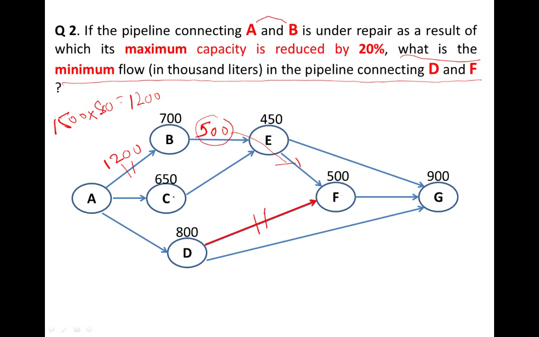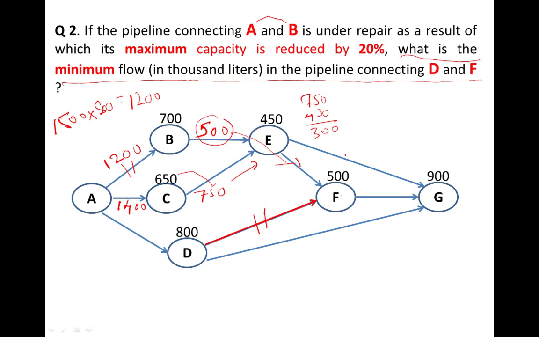Now take A to C. The maximum it can take is 750. That means the maximum flow from A to C is 1400, that is the sum of this 650 plus 750. Now when this 750 goes to E, the requirement of E is 450, and the leftover part is 750 minus 450, that is 300.